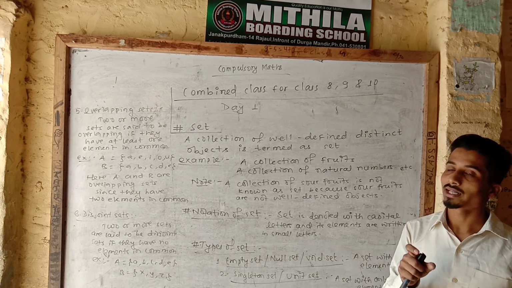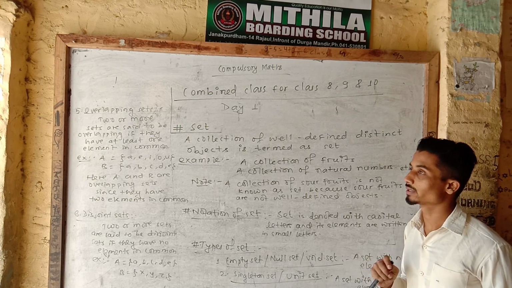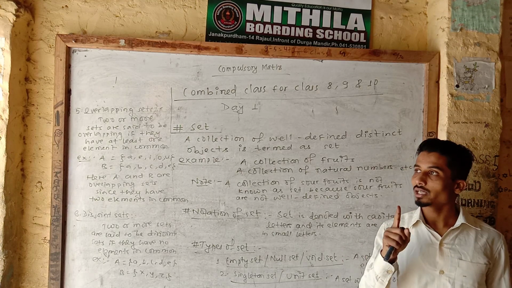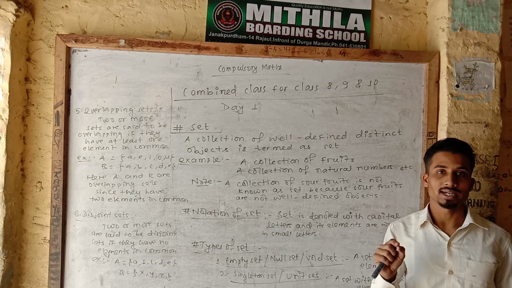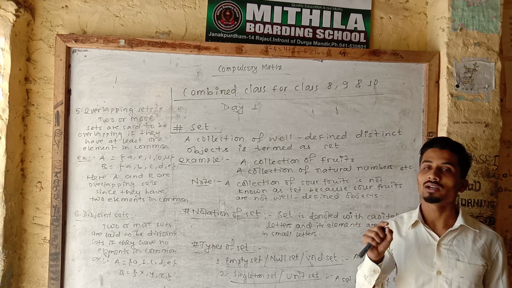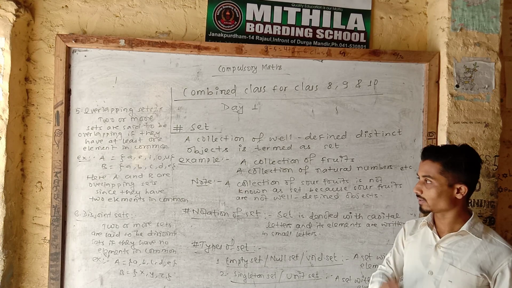That's why a collection of sour or sweet fruits are not termed as sets. To be clear, you should understand set as well-defined distinct objects, the objects which are considered the same by everyone. Only such a collection is known as a set.